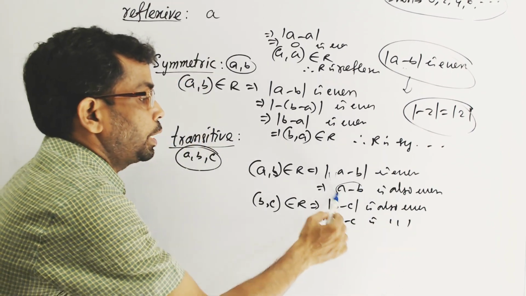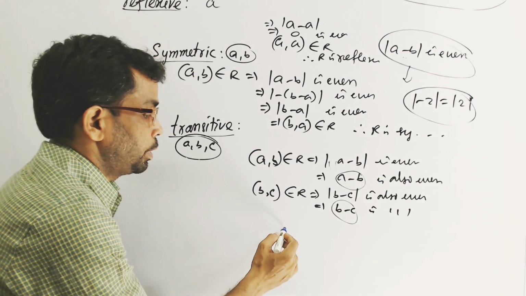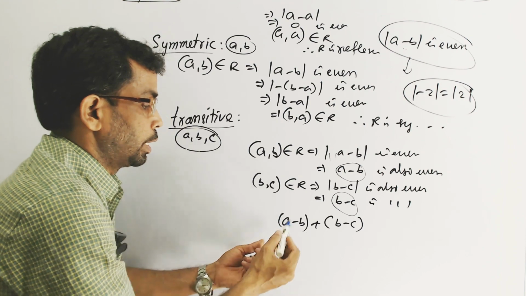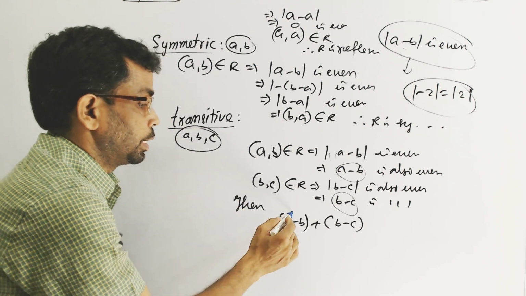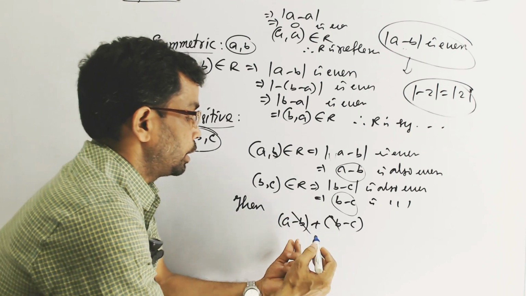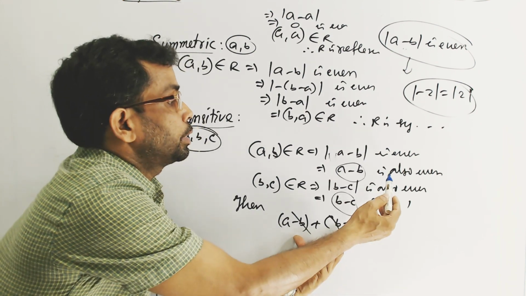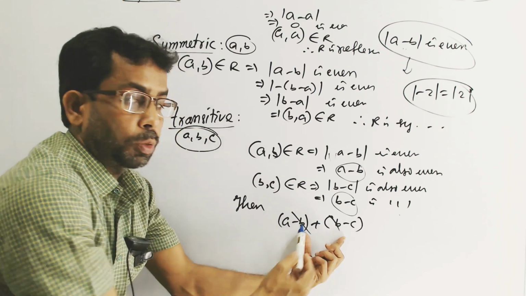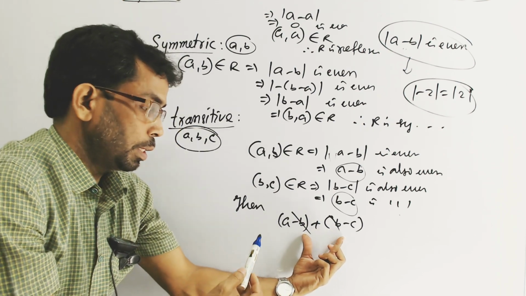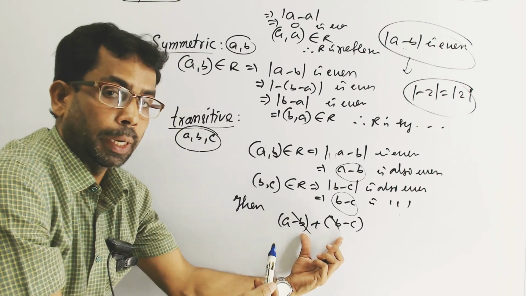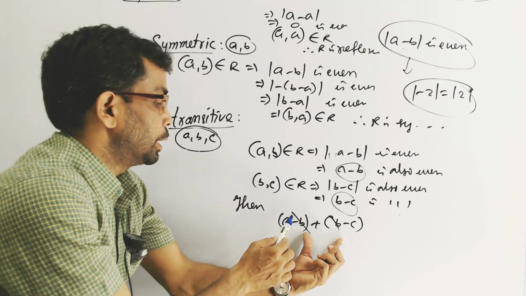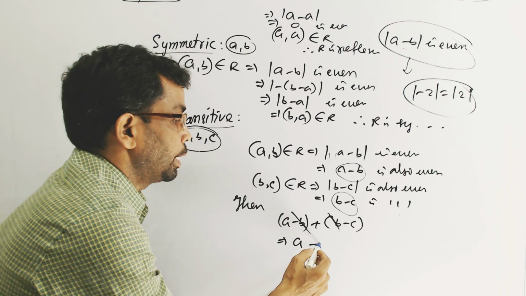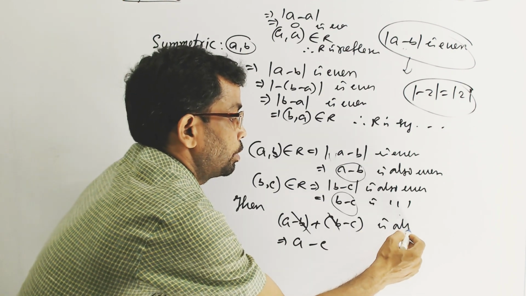Now if we add these two, that means A minus B plus B minus C, here no modulus, only the numbers, then B is getting cancelled. A minus B is even, B minus C is also even, so their sum also must be even, since the sum of two even numbers is always even, which we know. Finally we have A minus C is also even.